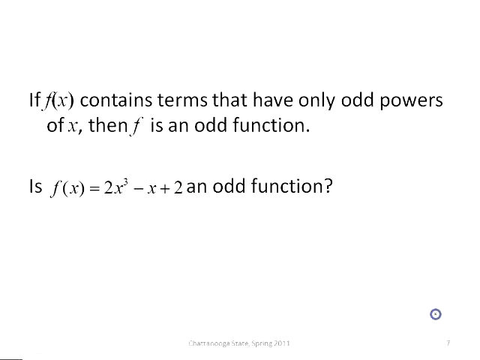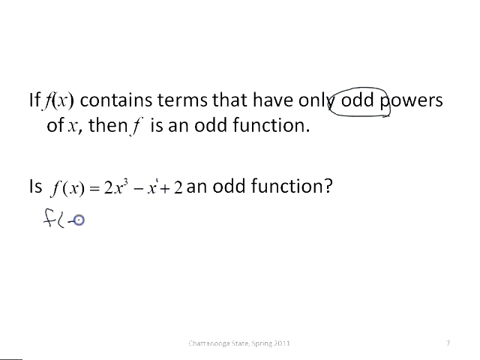Now, similar to what we talked about with an even function, if you have only odd powers with your x, then it is an odd function. So if we look at this example, I only have odd powers.